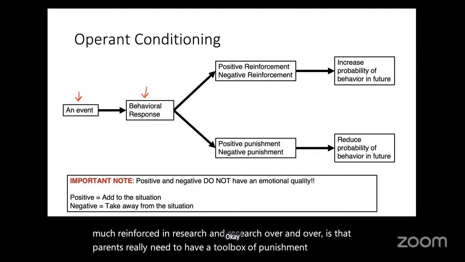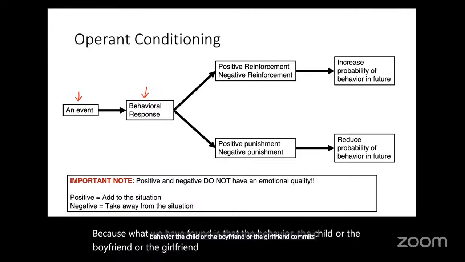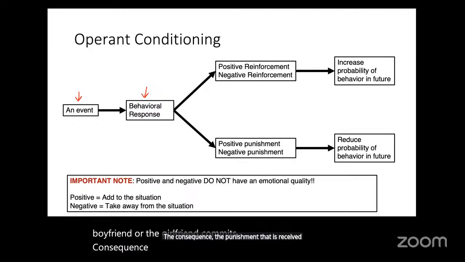Okay. Because what we have found is that the behavior the child or the boyfriend or the girlfriend commits, the consequence, the punishment that is received, has to be equal to that behavior they created or they did.